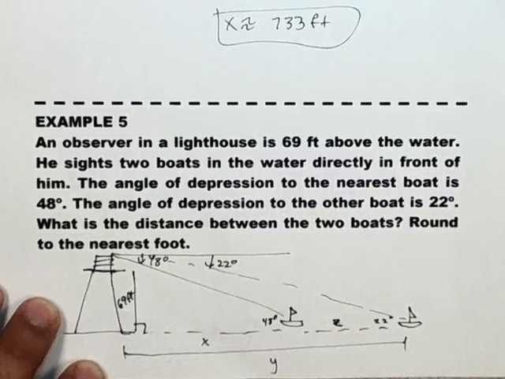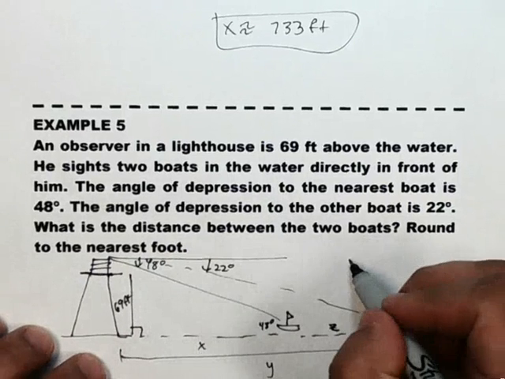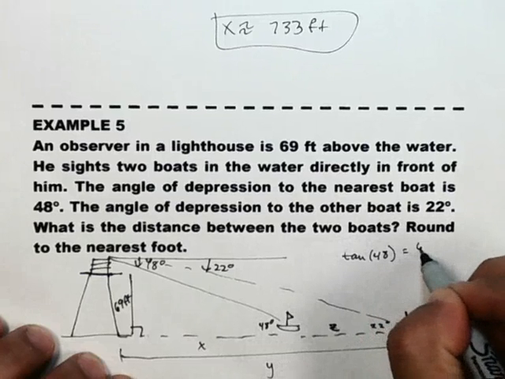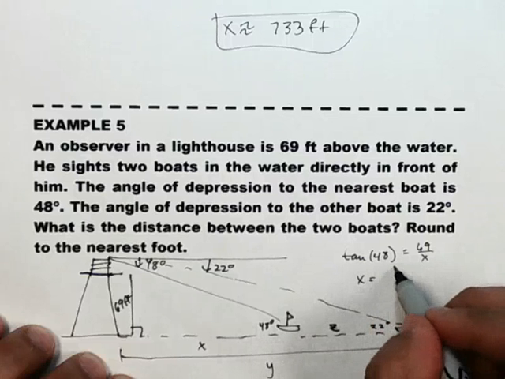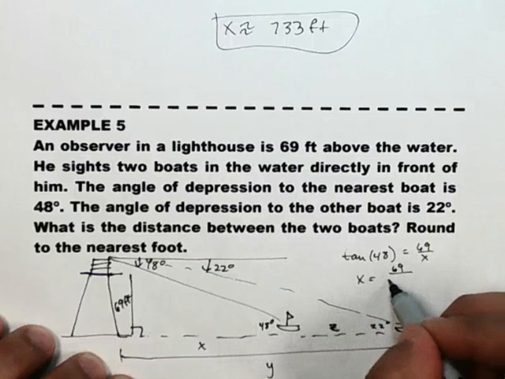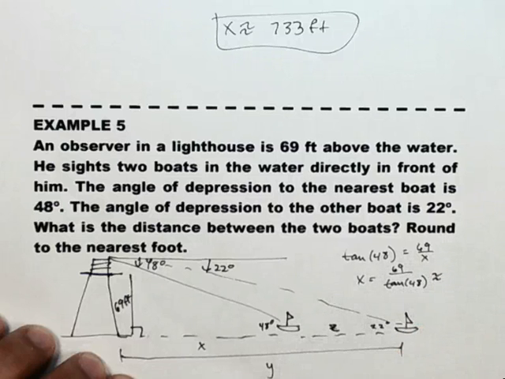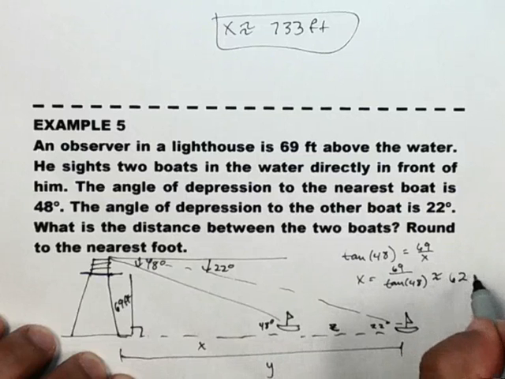So, for this first boat, the tangent of 48 is going to be equal to 69 over x. So x is going to be equal to 69 divided by tangent of 48, which comes to be about 62 feet.